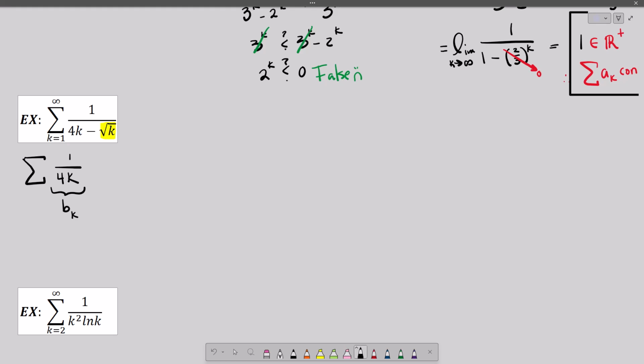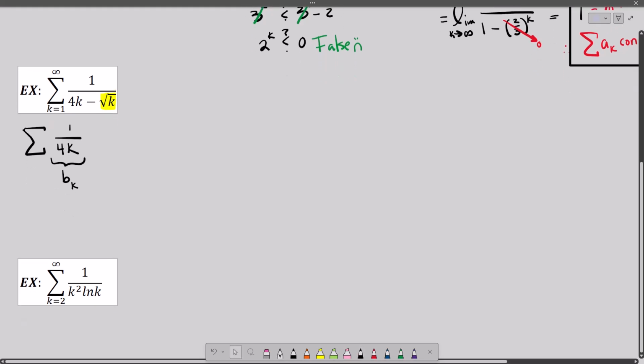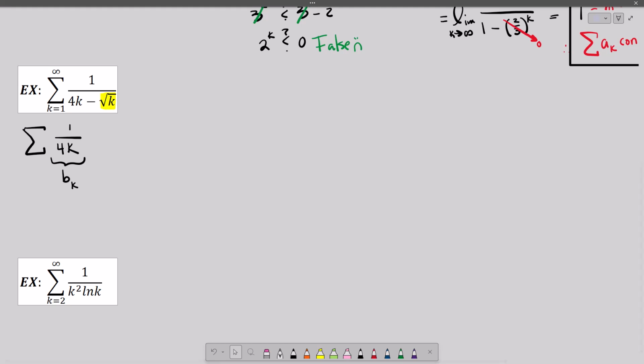Now, you have choices on your b sub k. You could also say, hey, multiplication by 4 is also kind of insignificant, so you could actually choose your b sub k to be just 1 over k, possibly. Now, one thing that I've noticed by doing a lot of these problems is that sometimes leaving the multiplier in is helpful for the inequality.